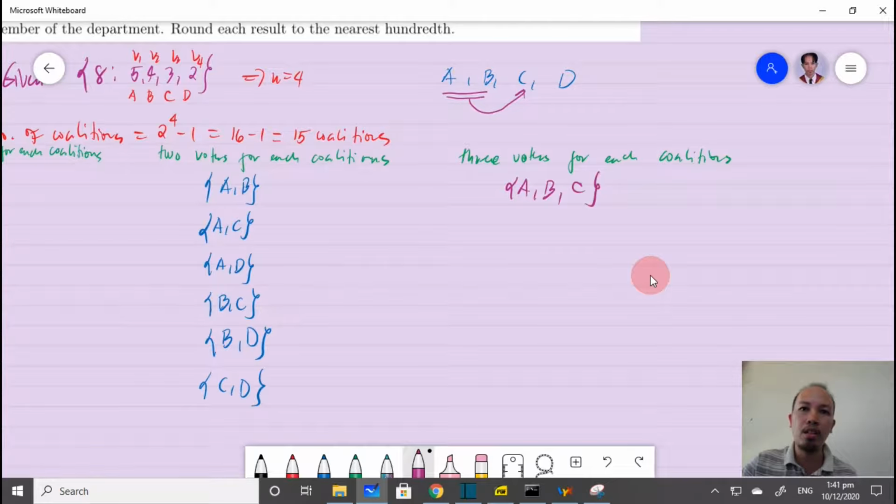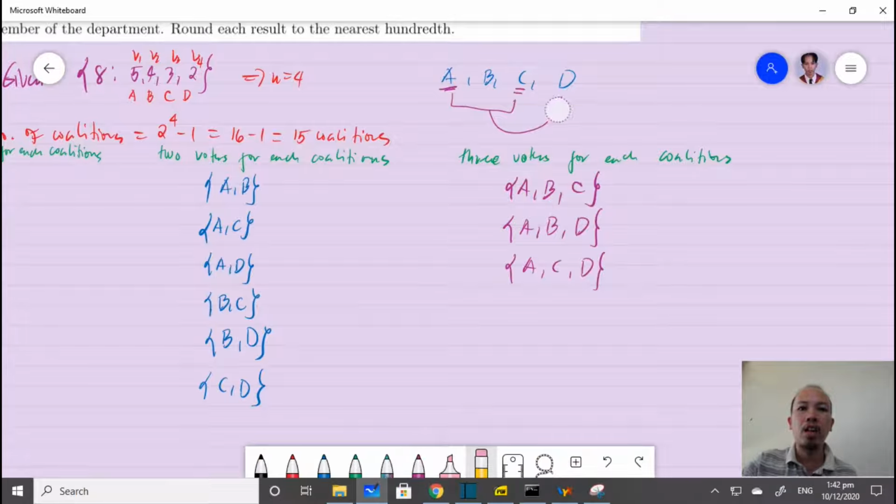It has three voters, A, B, C. Then A, B, and then go to D. Next, pair A and C, with D: A, C, D. And then finally, after that, pair this one here.